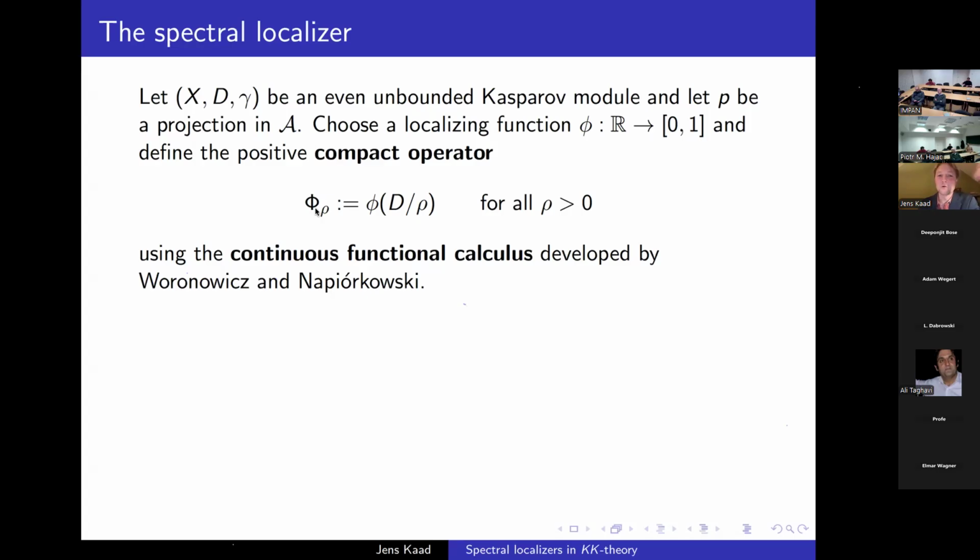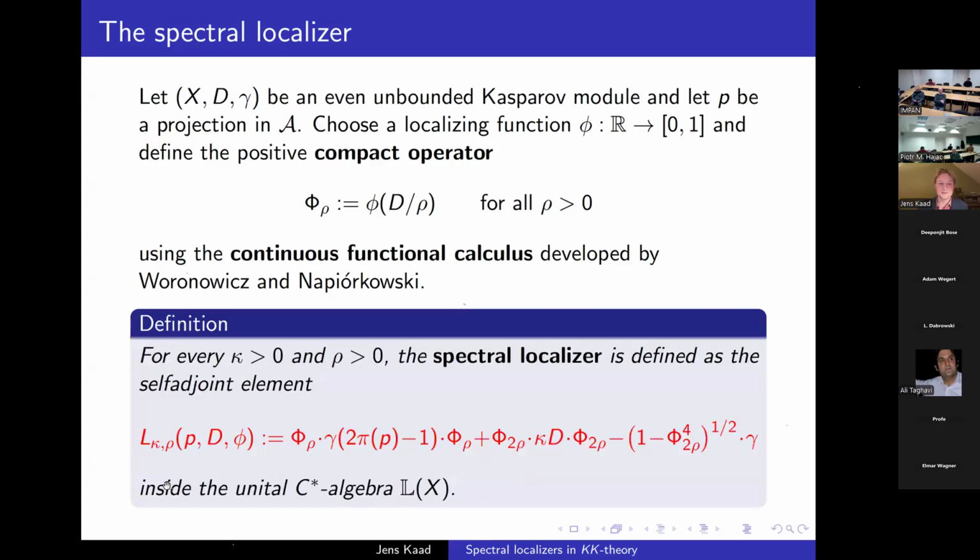So this phi rho only depends on the part of the spectrum of the abstract Dirac operator contained in this closed interval from minus rho to rho. So in that sense, I'm here localizing in the spectrum of my abstract Dirac operator. And I'm going to use these compact operators to define my spectral localizer.